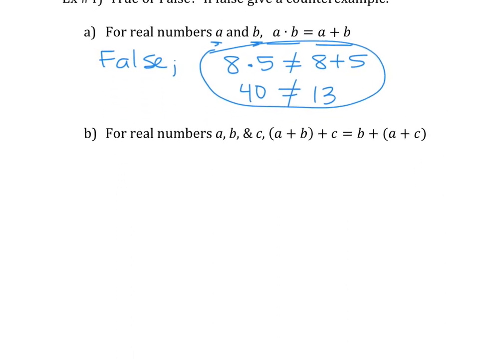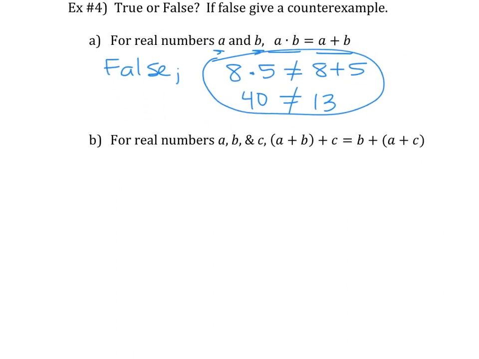All right, how about this one? For real numbers A, B, and C, is it true that A plus B plus C will equal B plus A plus C? Yes, it is, right? They used the commutative property and the associative property, but it's still those three added together.